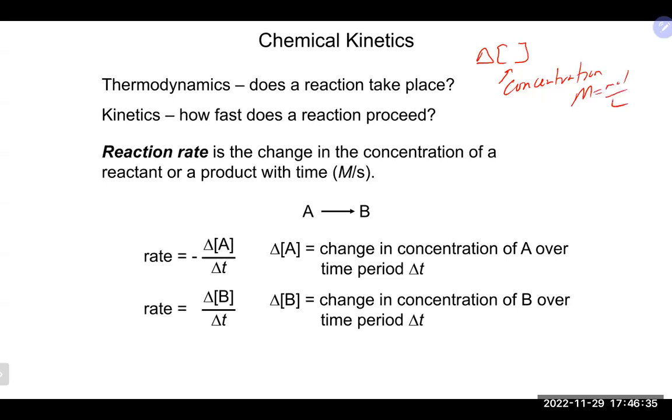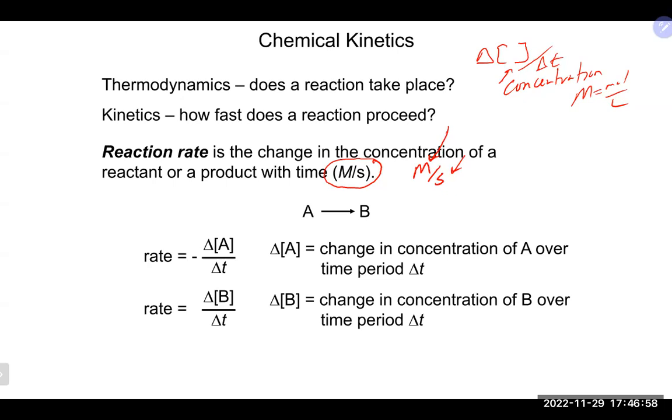So a lot of times we look at how the concentration of either a reactant or a product is changing with time. So that is usually the sort of thing that we look at. And that is why we typically will have reaction rates that have these type of units of molarity over seconds. It tells us, again, how the concentration is changing over a period of time.